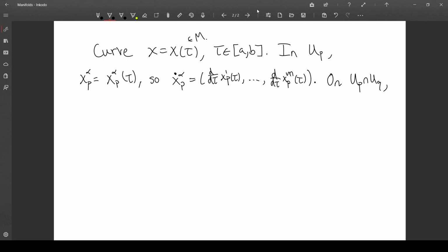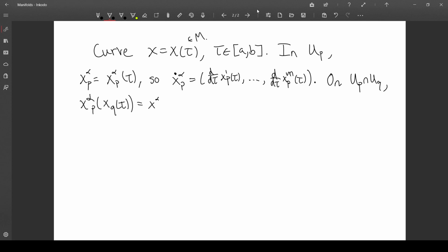And so what that means is not that the tangent vectors have to be the same, but when we have an intersection, we can parameterize one of the coordinate systems by the other.